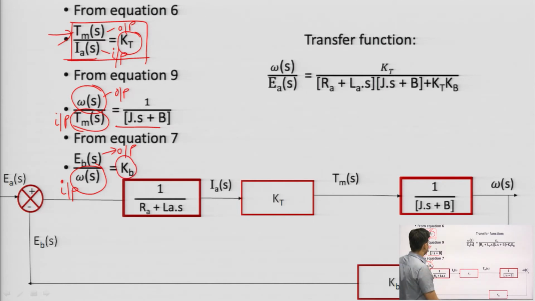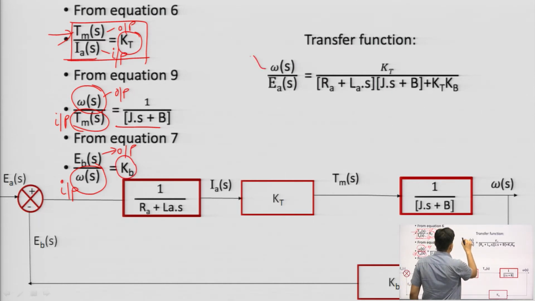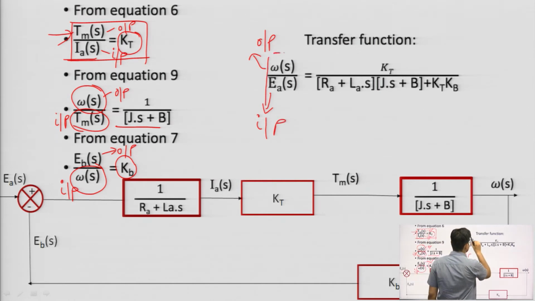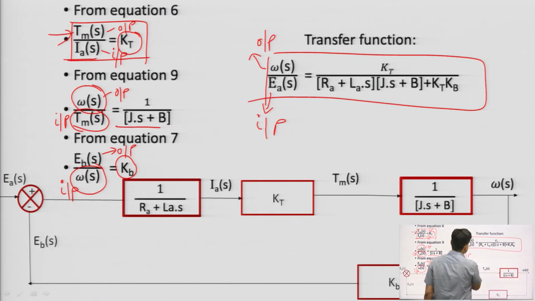If we combine it, the final output is my omega of s and the initial input was my E a of s. If you combine all this, you will get this transfer function: k t upon R a plus L a s multiplied by J s plus b plus k t k b.